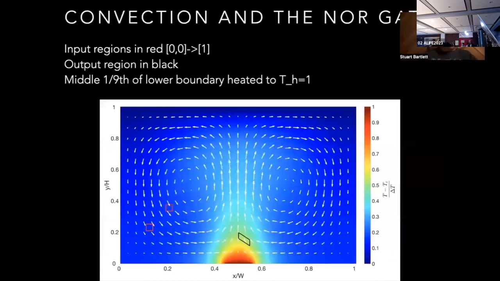We wanted to exploit the nonlinearity and the multi-stability of these convective systems to do computation. In particular, instead of an integer aspect ratio of 2:1, for example, or 1:1, we used a non-integer aspect ratio of 1.5, because in that system, in the laminar regime, the system is bistable.